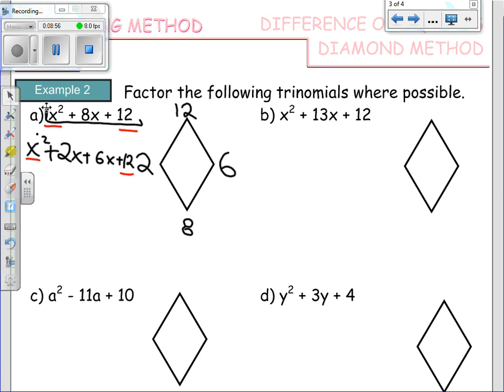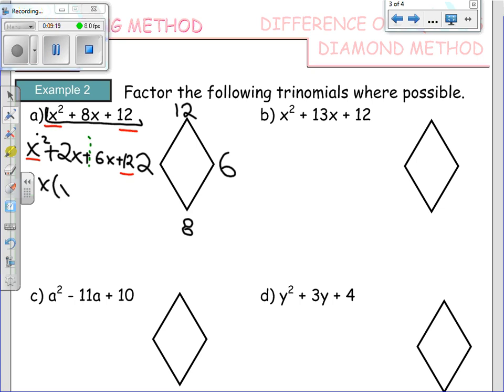Now we have 4 terms, and now it looks just like yesterday. How do you factor these things? Josh? Draw your line down the middle. Now it's the same thing as yesterday. So what do you factor out of this first half? What are you left with?